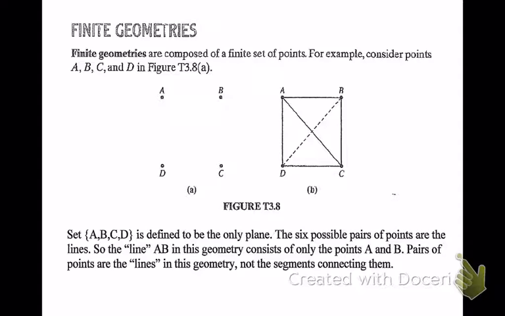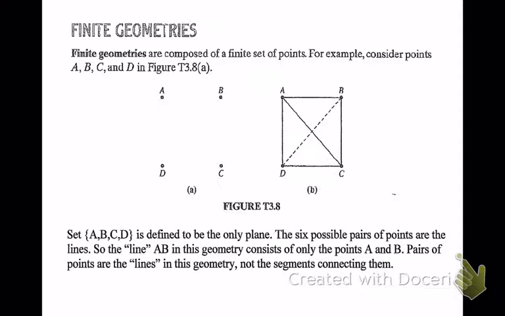Finite geometry. Finite geometries are composed of a finite set of points. For example, consider the points A, B, C, and D. The set {A, B, C, D} is defined to be the only plane.